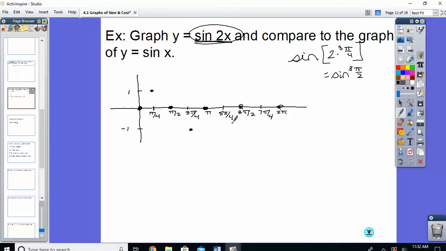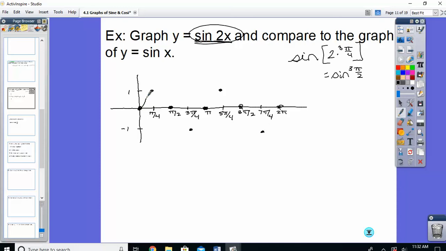I did 5 pi over 4. 5 pi over 4 times 2 is 5 pi over 2. So here's pi over 2, 3 pi over 2. So 5 pi over 2 would be back up here, which is 1. If I put in 7 pi over 4 times 2, that's 7 pi over 2. So pi over 2, 3 pi over 2, 5 pi over 2. 7 pi over 2 is back down there, which is negative 1.